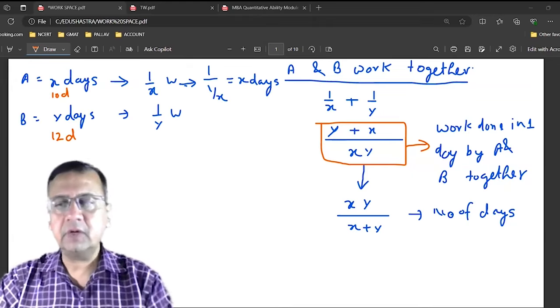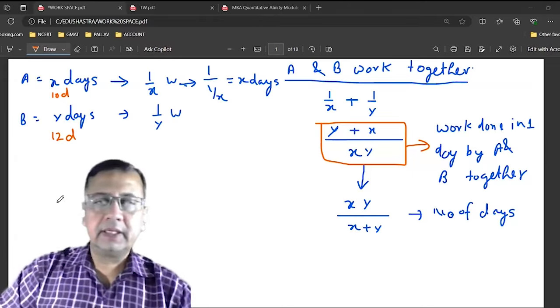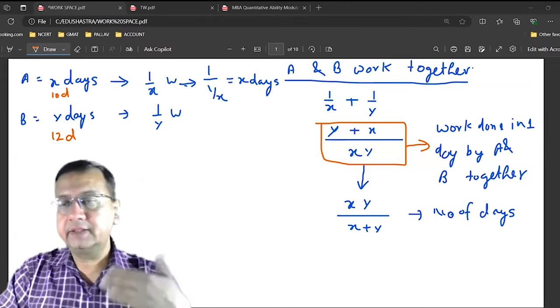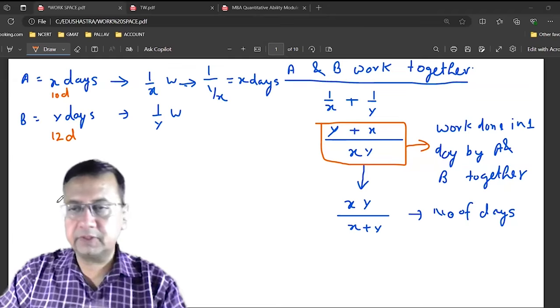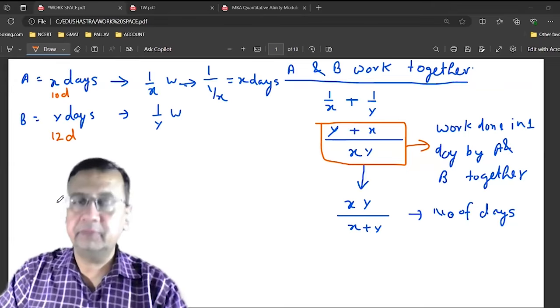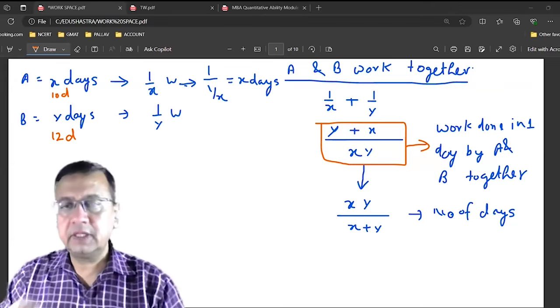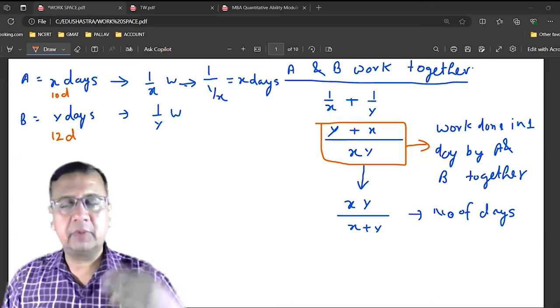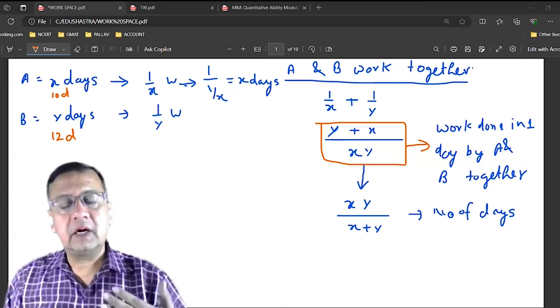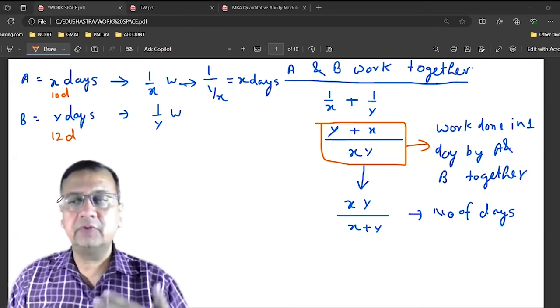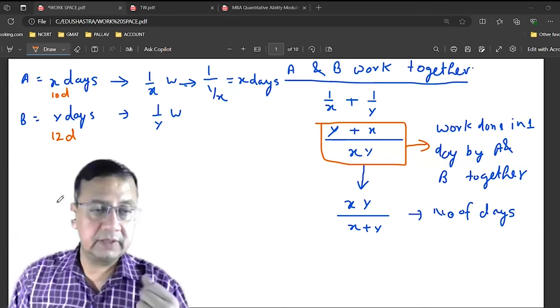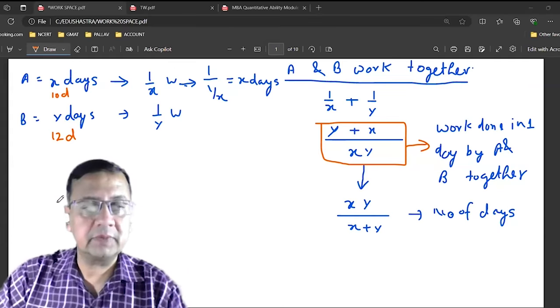Okay. So now, calculation or getting the answer for this particular question is not important, right? The important part is how we are approaching and how we are solving. The approach, the logic is important.